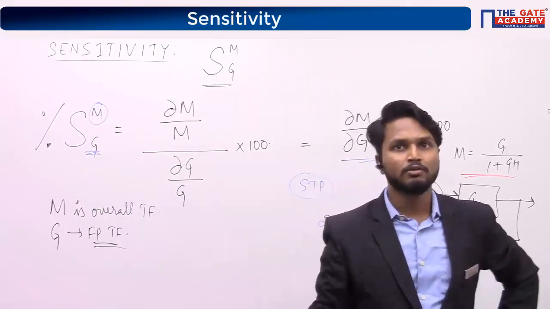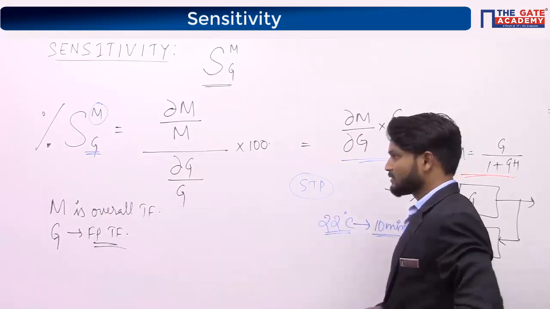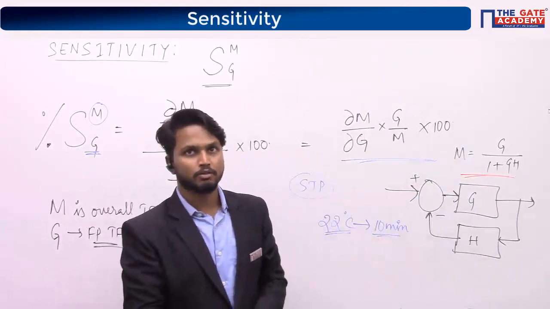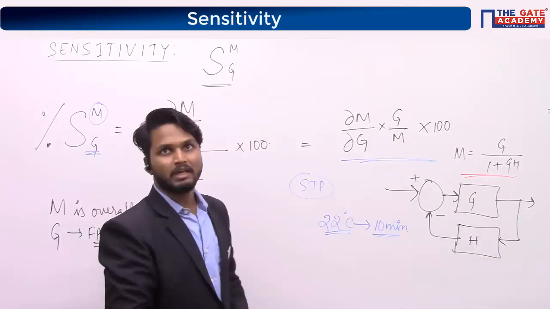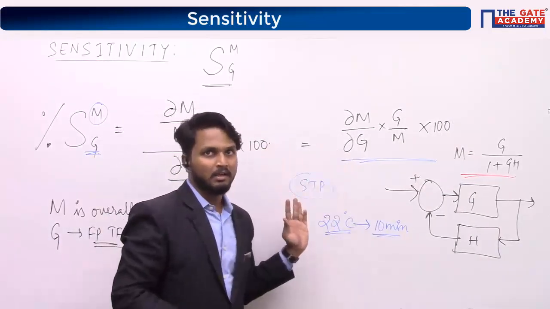This will be used as a formula. M is the overall transfer function and G is the forward path transfer function. Many of you have given the right answer, that if we are using an AC, right?